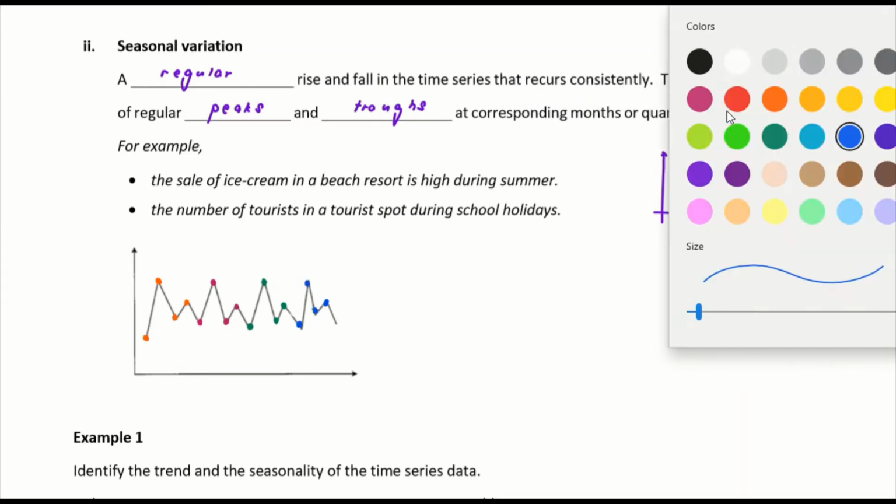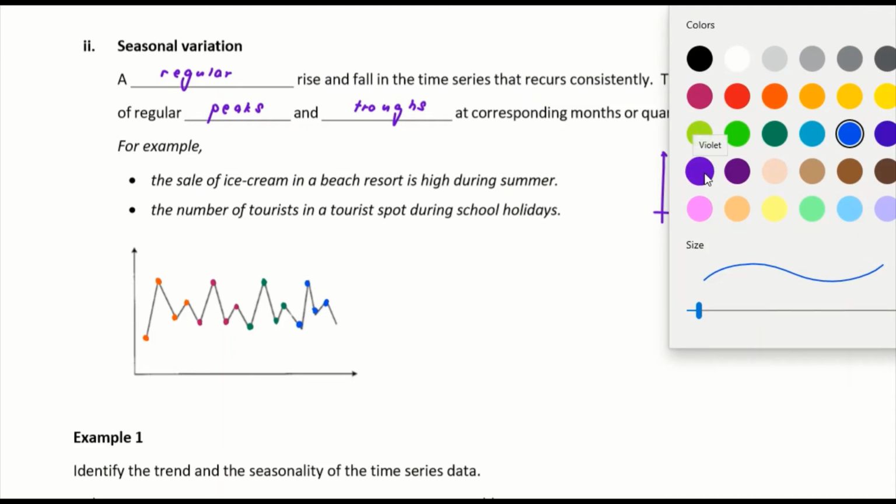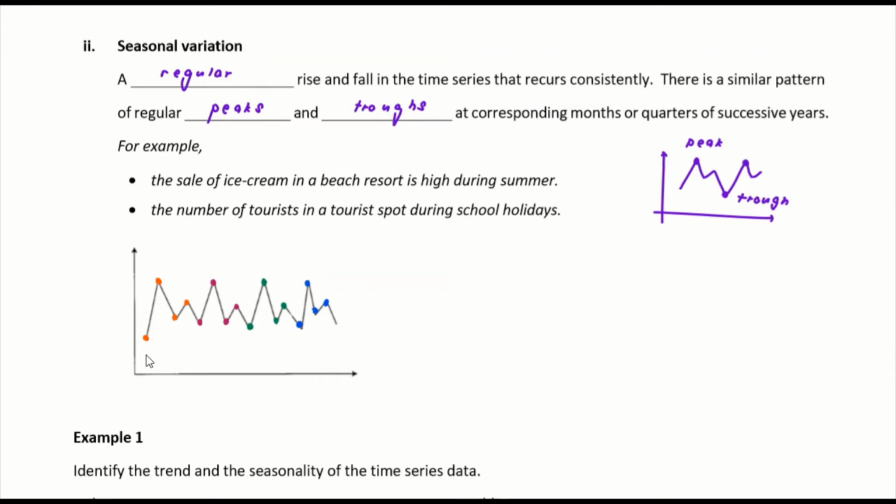So 4 points give you one pattern, 4 points give you another similar pattern, so this graph actually recurs continuously.